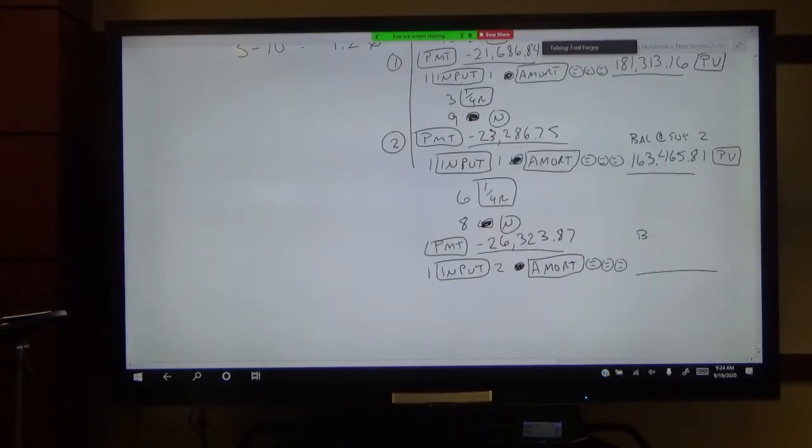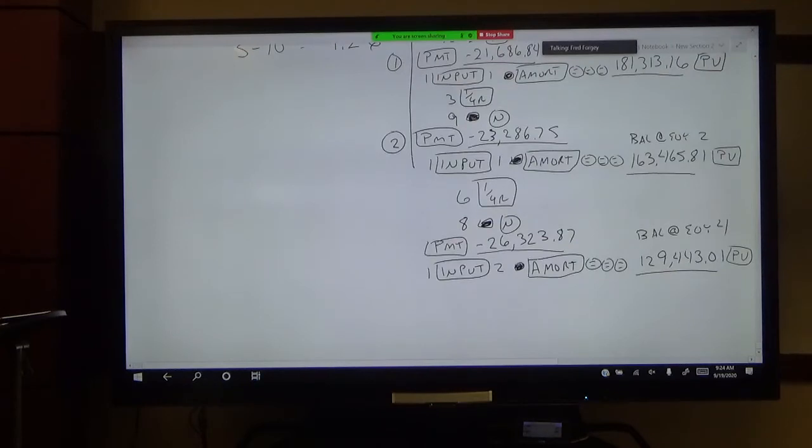So this is going to be the balance at end of year 4. Okay, and that becomes present value.